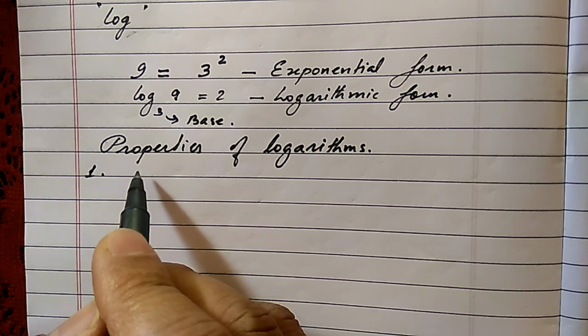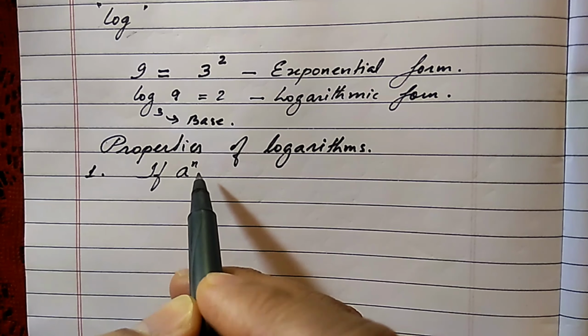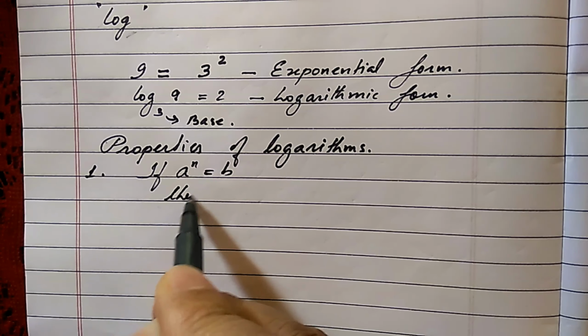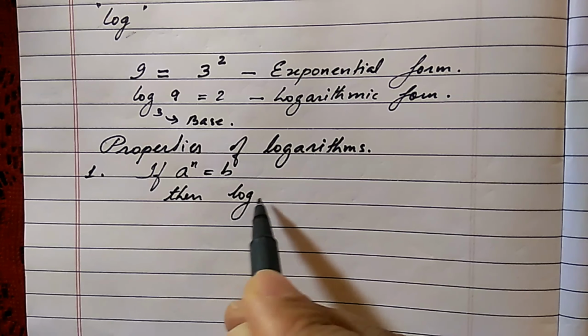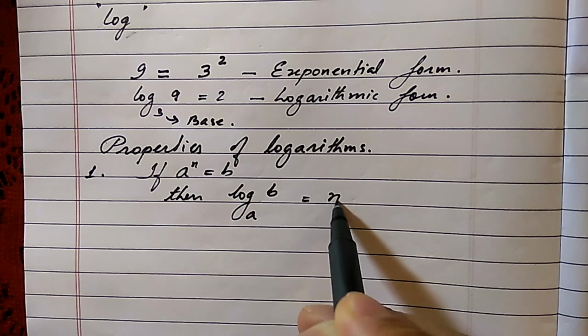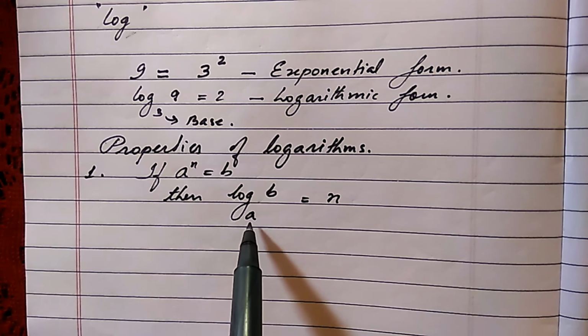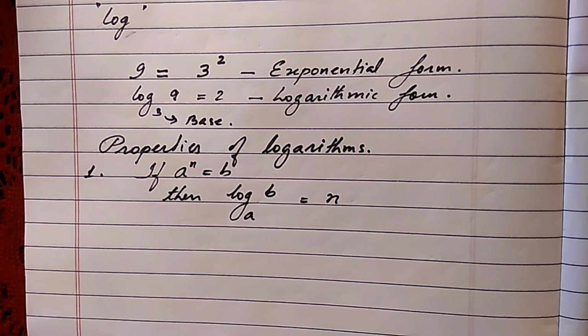If a to the power n is equal to b, then log of b with base a is equal to n. Look at this. Log of b, and a comes down as the base, and it becomes equal to n.